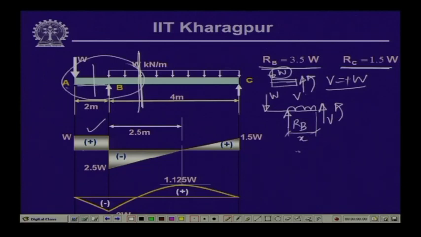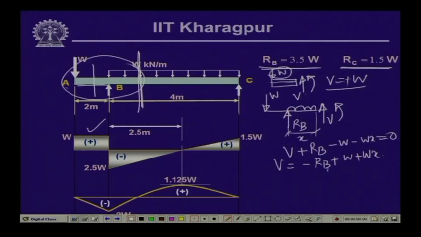So, V plus R B minus W into x is equal to 0. So, V is equal to minus R B plus W into x. Now, R B is equal to 3.5 W.